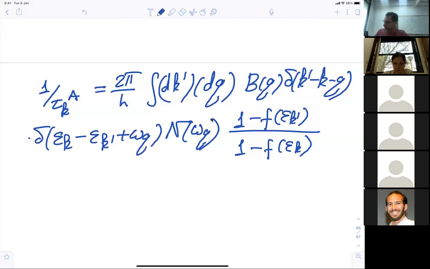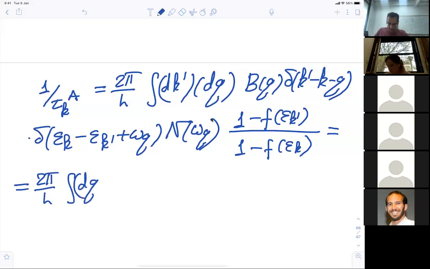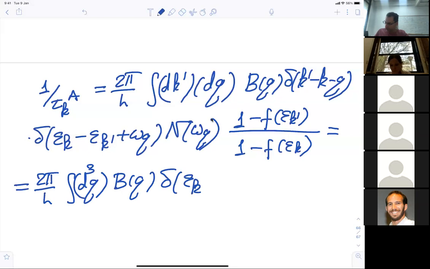Okay, now integrating over k prime and eliminating one delta function, we get integral dq. Well, this is a three-dimensional integral. B of q, energy conservation, plus omega q.